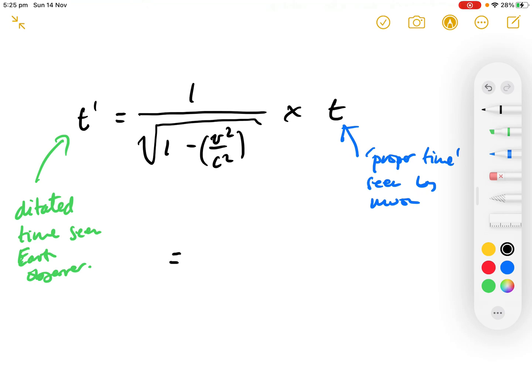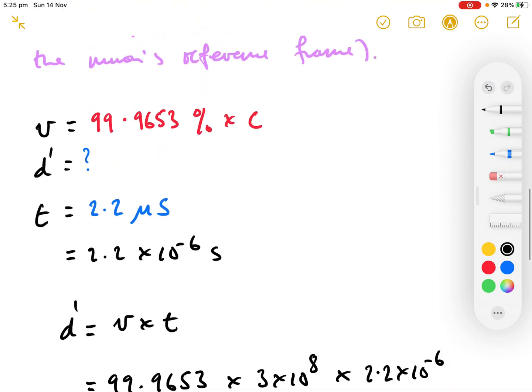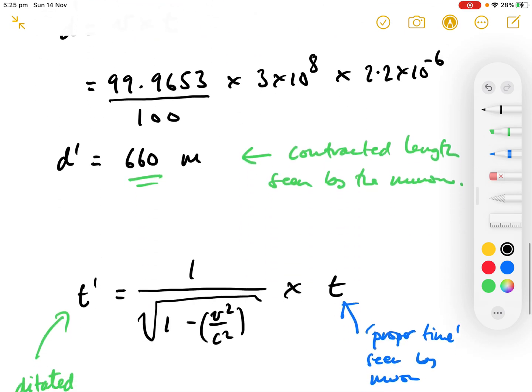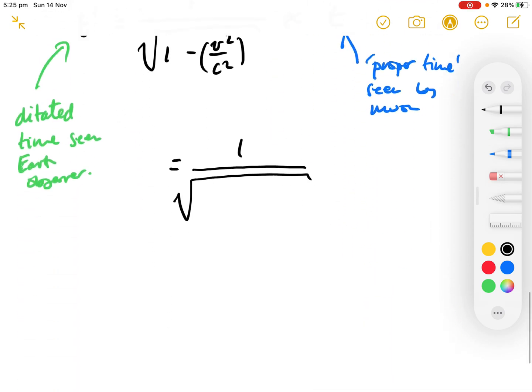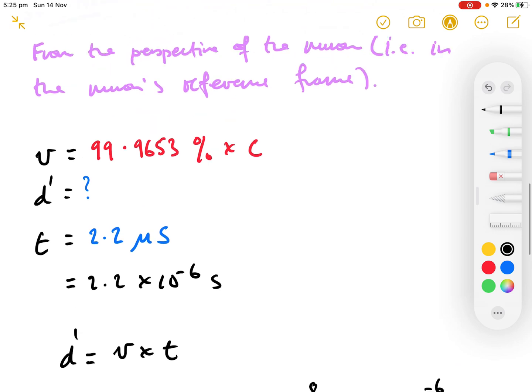Right, anyway, when we put in our numbers, we get 1 over the square root. Now remember, if you know the percentage, then you can just put it in as a decimal, so that becomes 1 minus 0.999653 all squared.